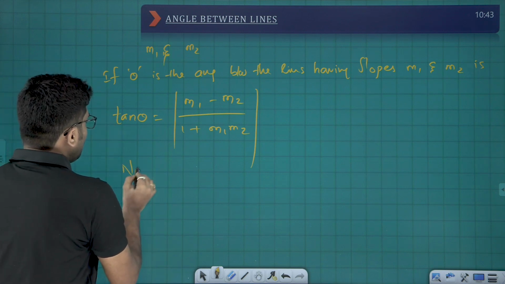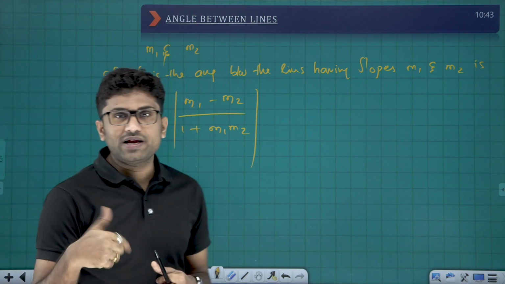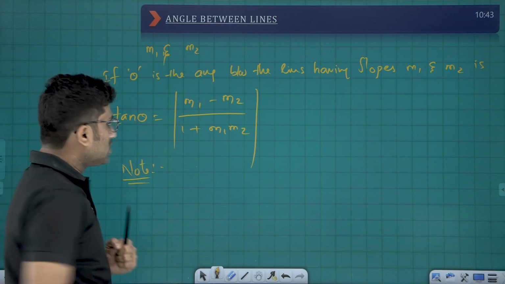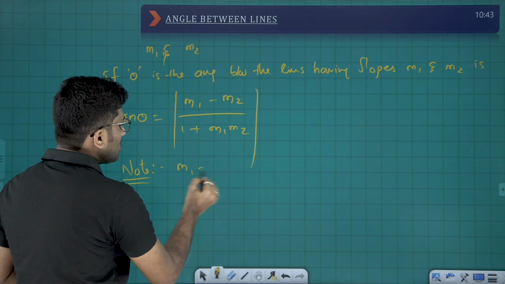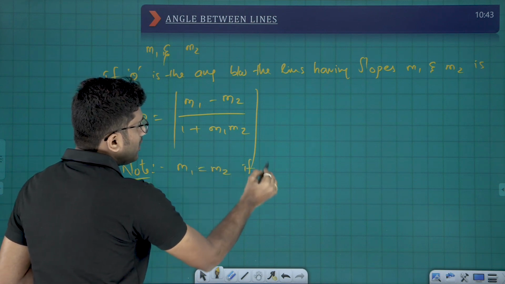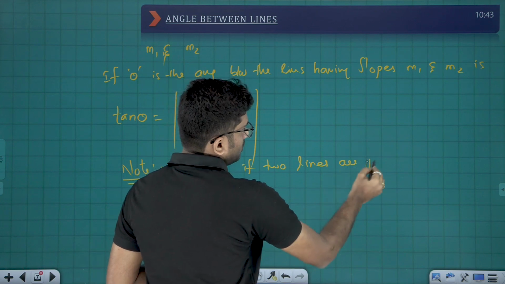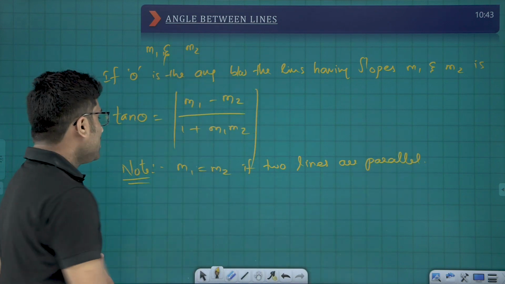From this only we can say, see friends, if the two lines are parallel, then theta will be equal to 0. So 0 is equal to this. That means the numerator m1 minus m2 is 0, so m1 is equal to m2 if two lines are parallel. So if the lines are parallel, then their slopes will be equal.